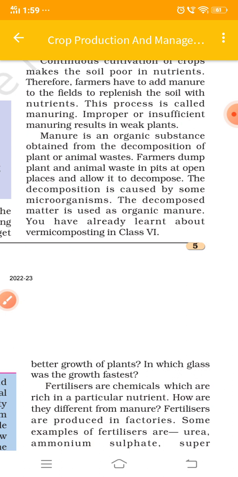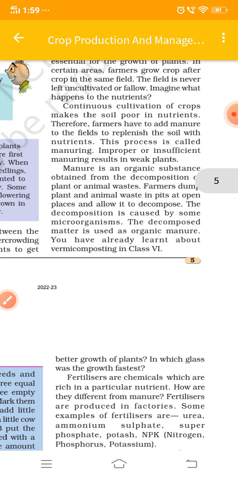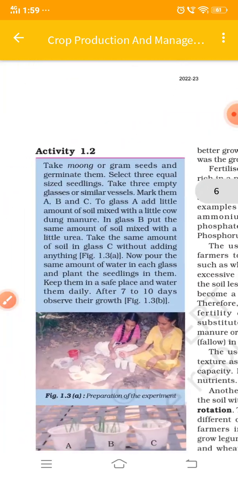The decomposed matter is used as organic manure. You have already learned this. You have already learned vermicomposting in class 6 as well. In 7th, vermicomposting was not there. There was a sanitation pit or something in which the worms were added. Vermicomposting is just the concept we learned in class 6 earlier.